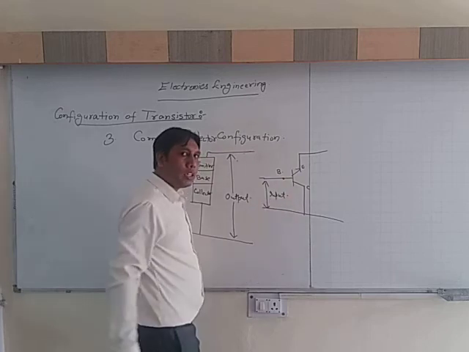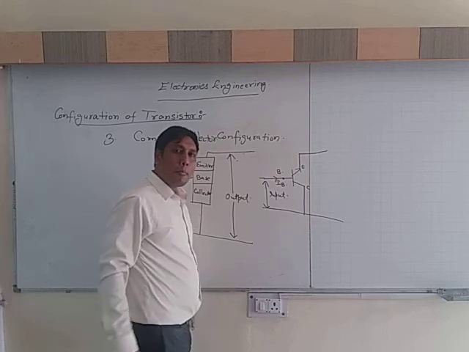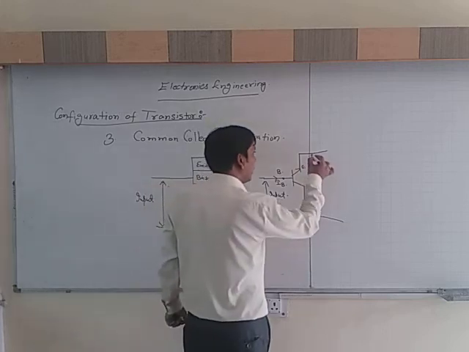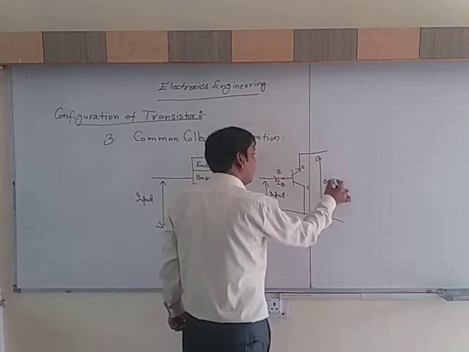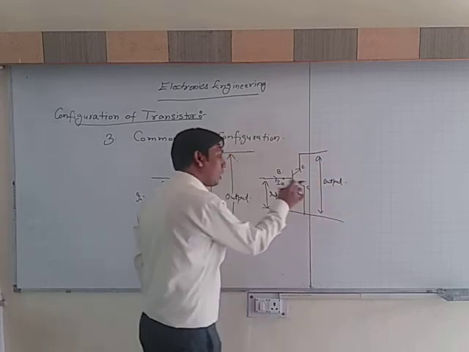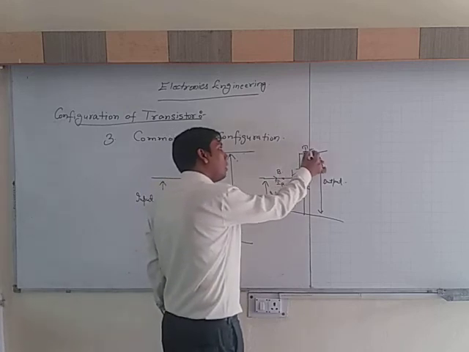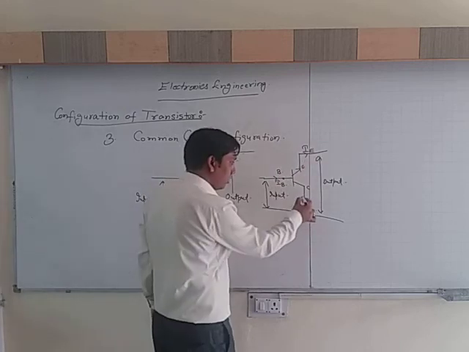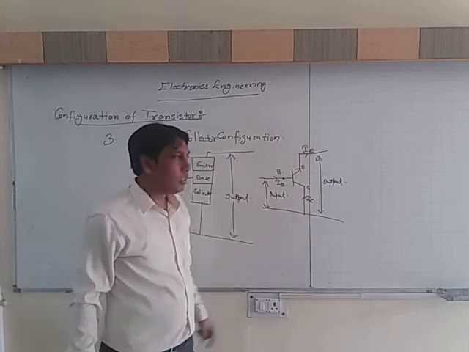The current flowing in the input will be IB, and output will be in between emitter and collector. The current flowing at the output terminal will be IE, since the current at the common terminal is IC.